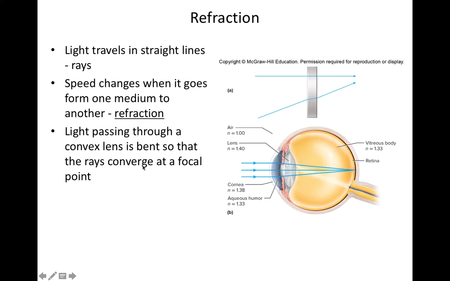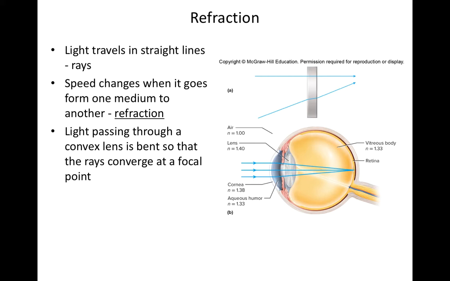So we have a series of convex structures in the eye. We've got the cornea, we've got the lens, and then we've got the posterior lens, all of which have the ability to bend light so that the light that comes in is all going to converge at a single point of contact on the retina. That's how you get clear, sharp vision.